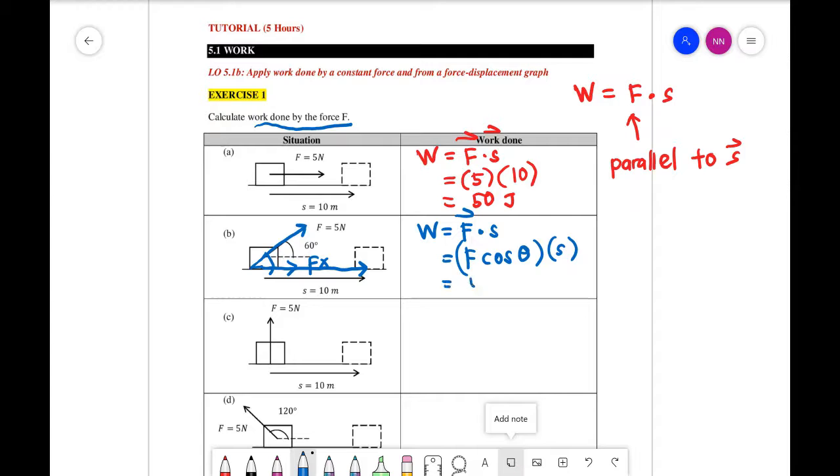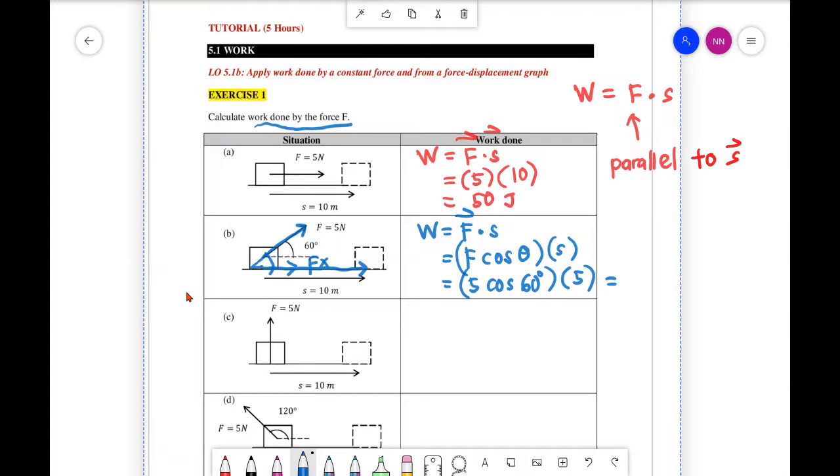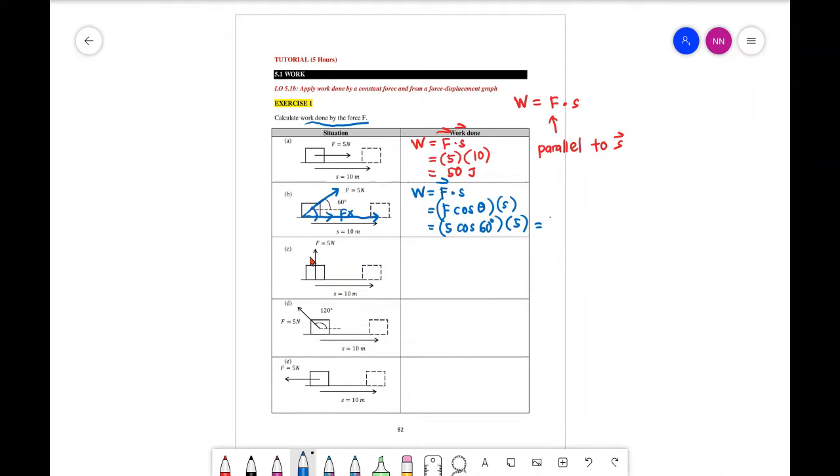Substitute F: 5 cos 60 degree times the displacement 5. So the work done by the force at an angle 60 degree to the horizontal is 12.5 joule.